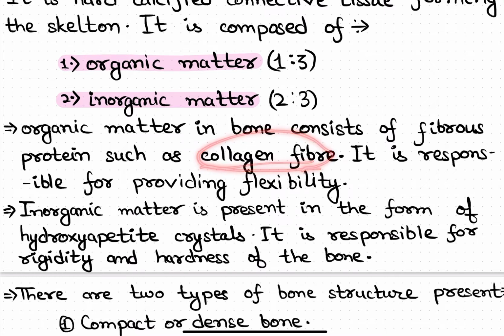Now what does this organic matter or fibrous protein give to the bone? It provides flexibility. Like you have experienced that bones are certainly flexible. They are not so much flexible, but to some extent they are flexible. So the reason bones are flexible is the presence of fibrous protein in them. And this fibrous protein is an organic matter.